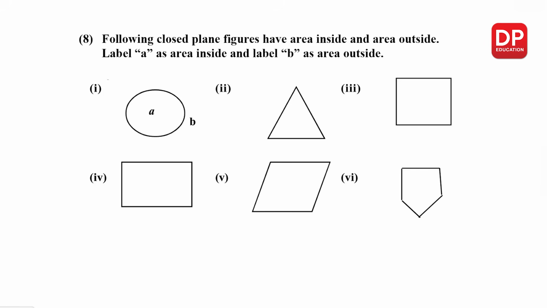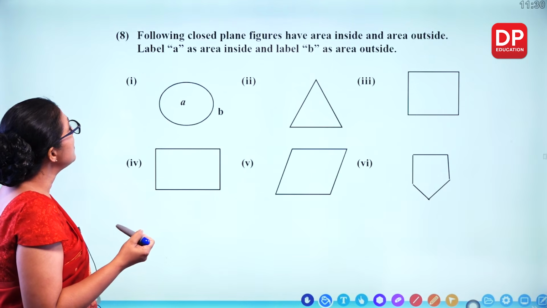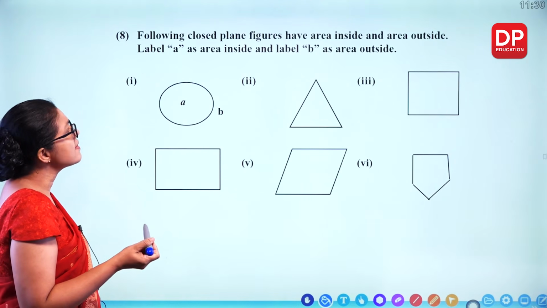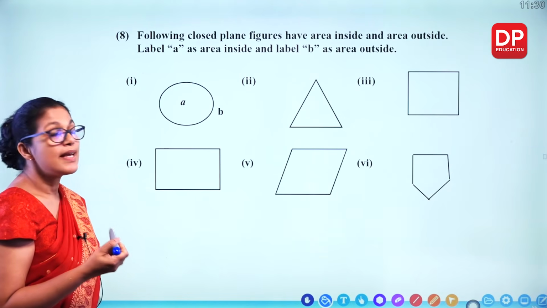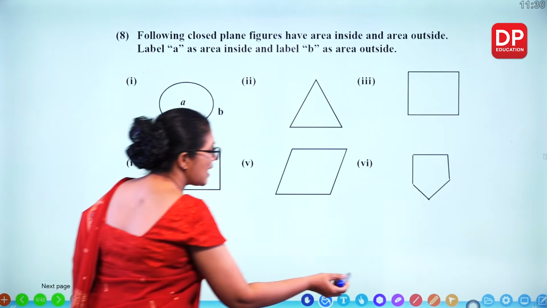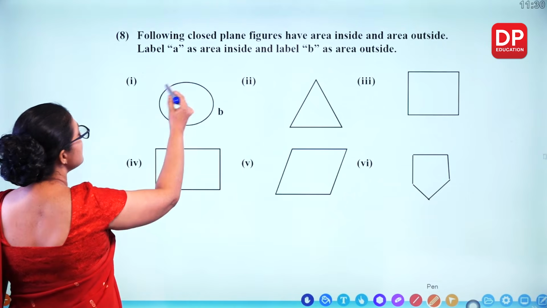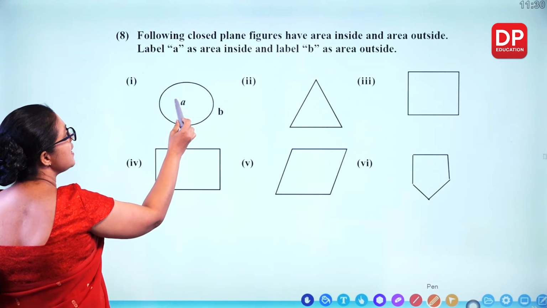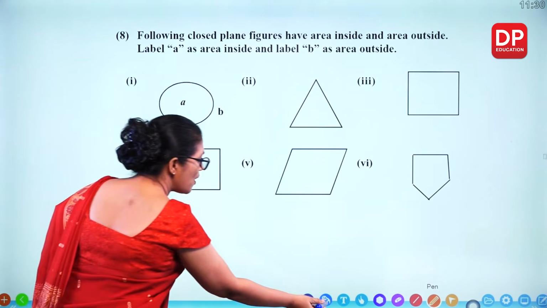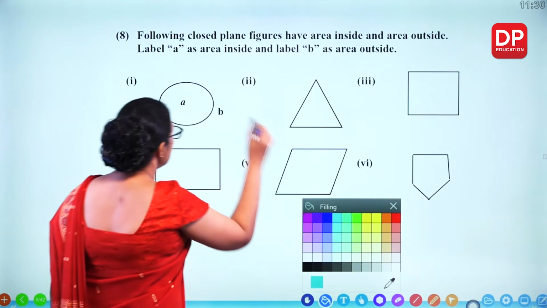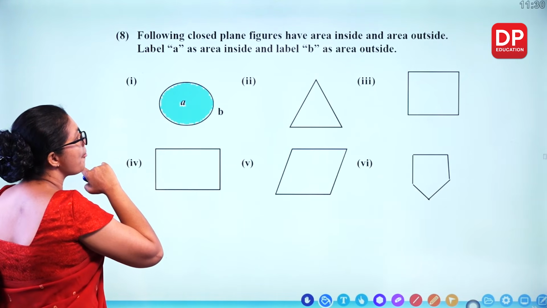Following closed plane figures have area inside and area outside. Label A as the area inside and label B as the area outside. So we'll take this one, already done for you. A inside, B outside. So when you color it, this is inside.